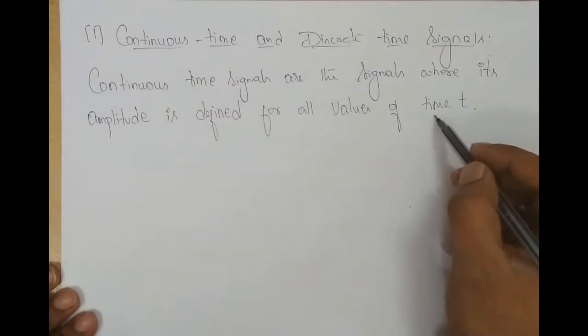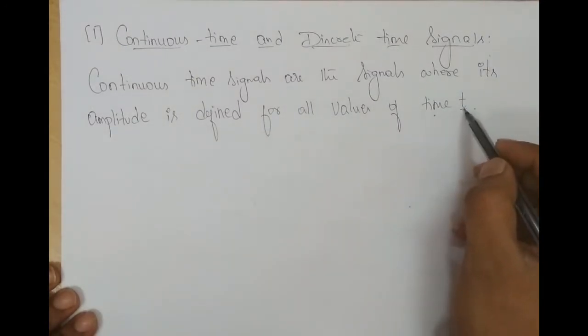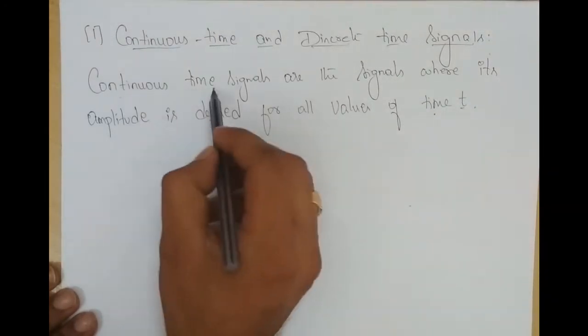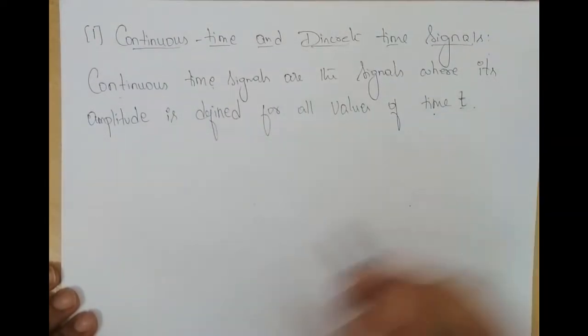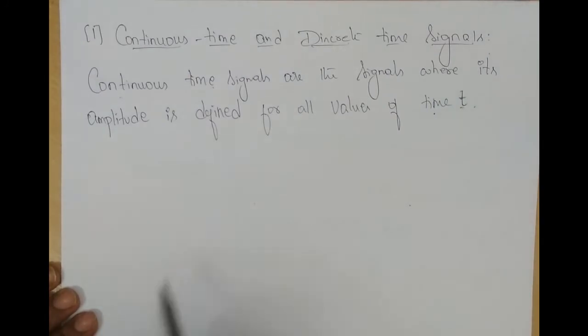If it is a discrete time signal, it is n, basically a small letter n. Since I am defining continuous time signals, it is small letter t. So continuous time signals are signals where the amplitude is defined for all values of t.